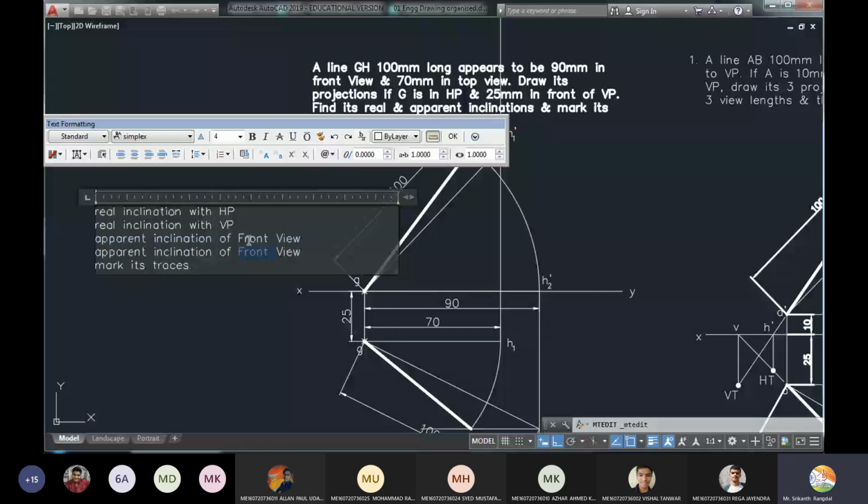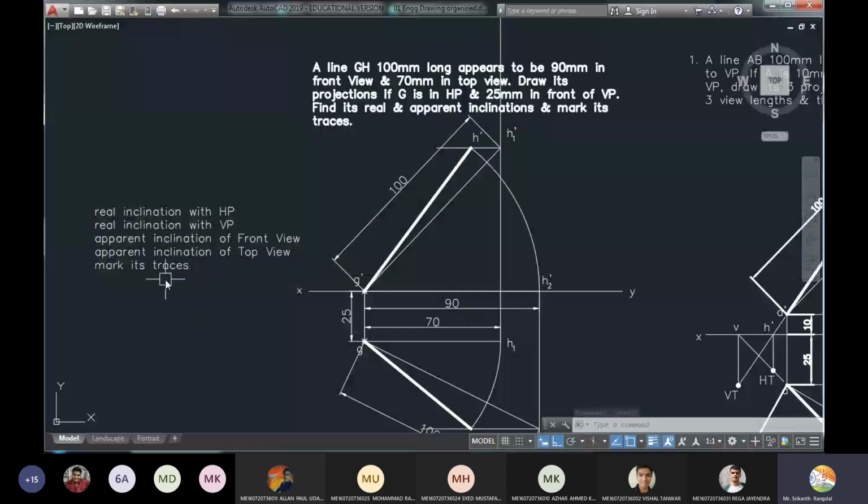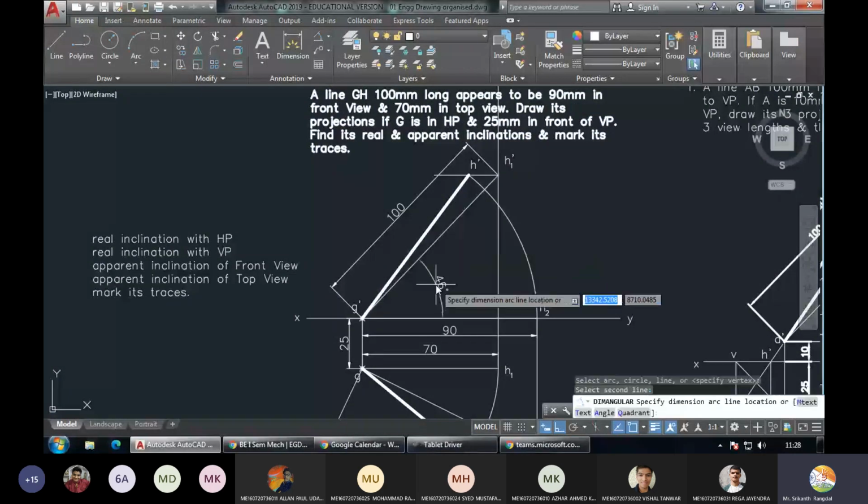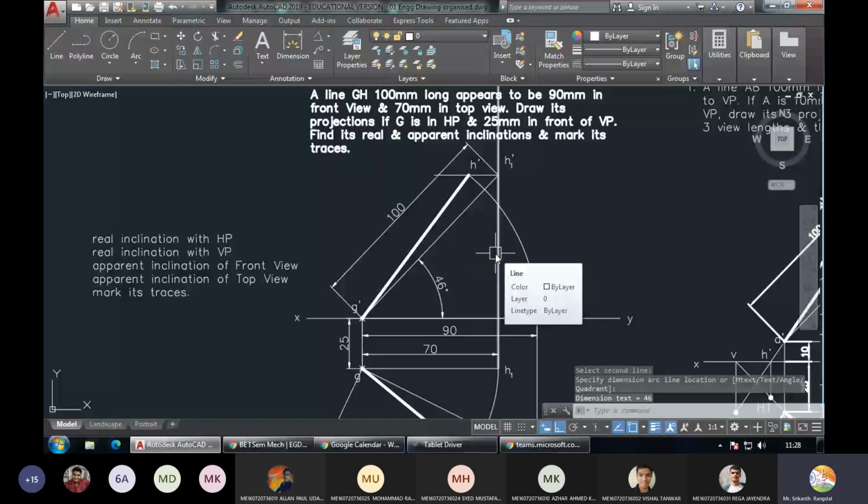So one by one, I will mark the dimensions. You tell me which of these it is. First, I'm marking an angle. So the angle between this and this. What is this angle?